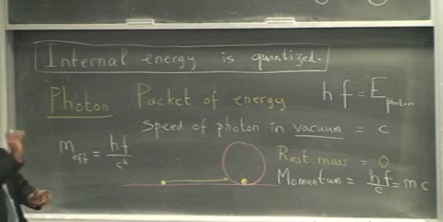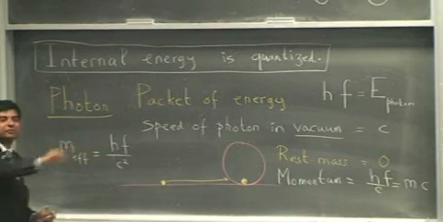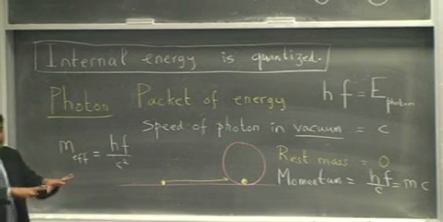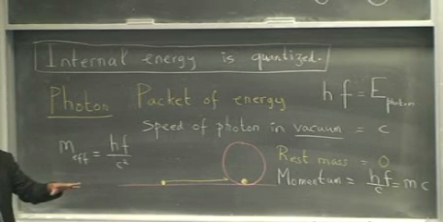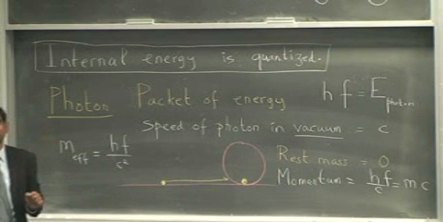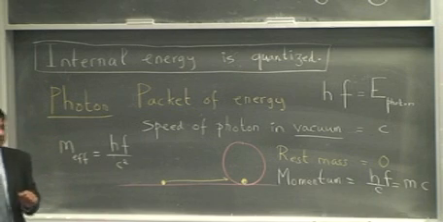So if I throw this chalk in a straight line, it's going to come back to the earth, because this chalk has some mass, and the earth has mass, and by gravitational attraction the chalk will be attracted back to the earth.